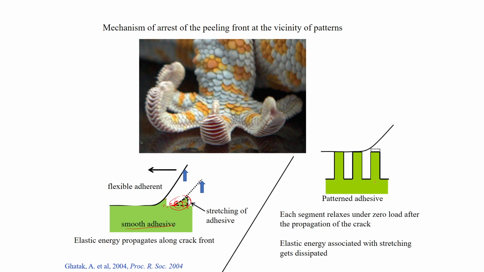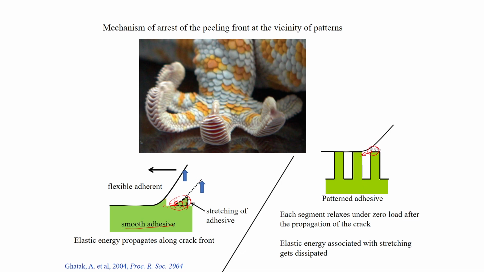Now, over here what happens? As the plate was initially over here, this part of the film got stretched, but as the crack propagates from here to here, the elastic energy cannot get transferred, because there is a discontinuity over here.